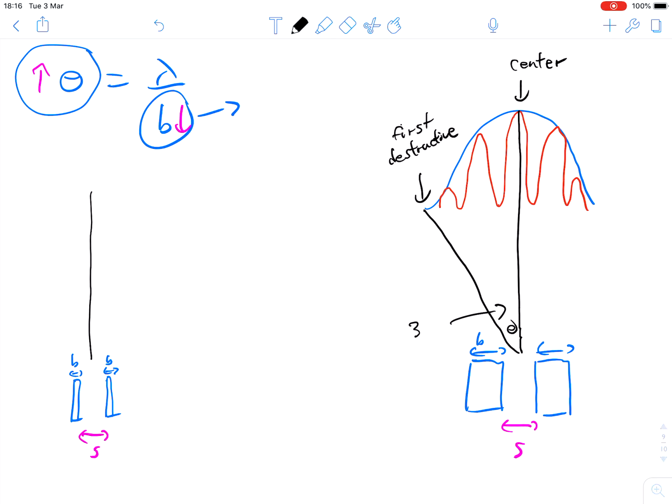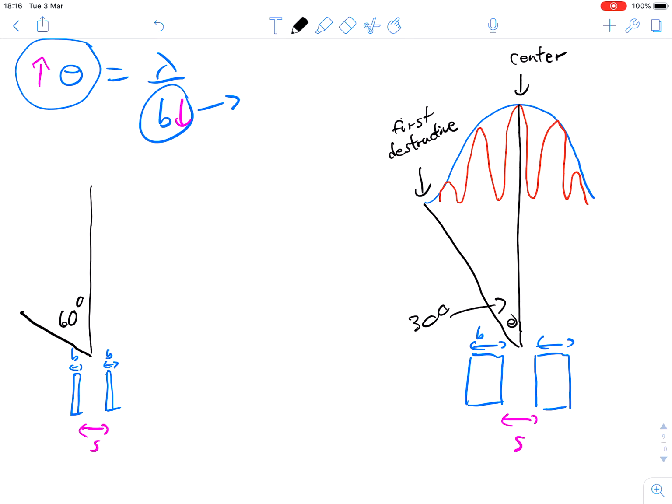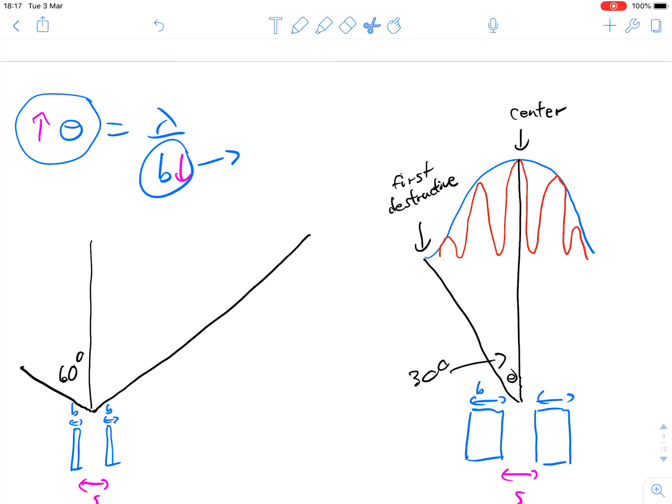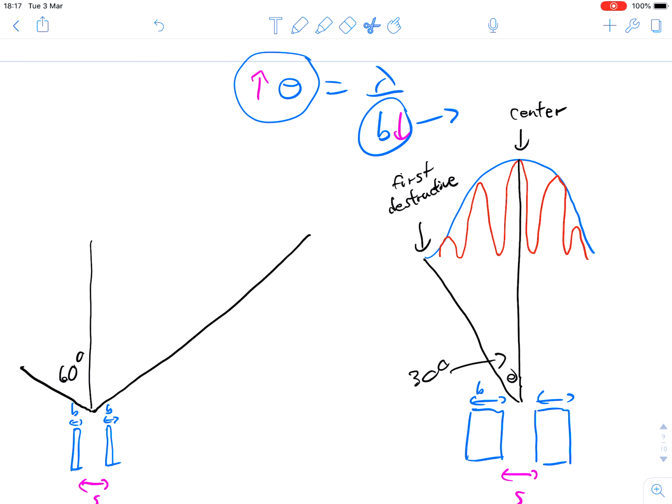So this is 30 degrees, and I'm going to do something really drastic here: we probably have like a 60-degree angle. Again, I'm just exaggerating so you can get the idea. That's going to spread out where the destructive interference pattern is.